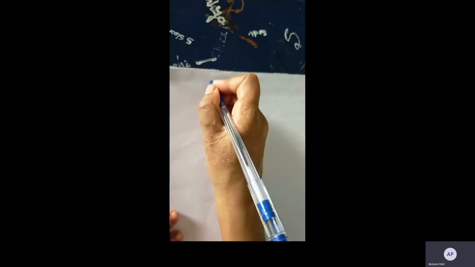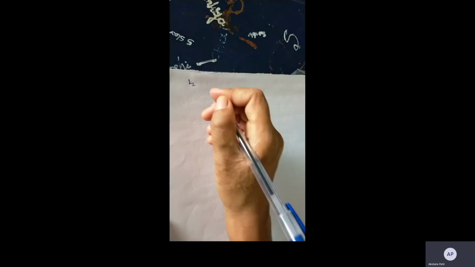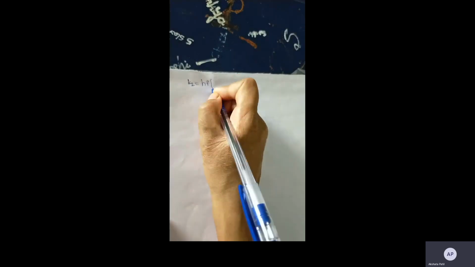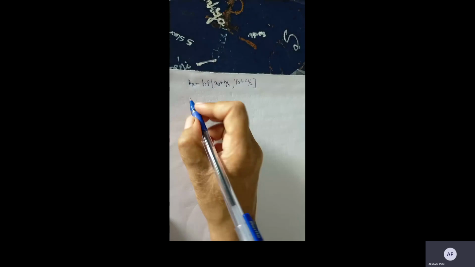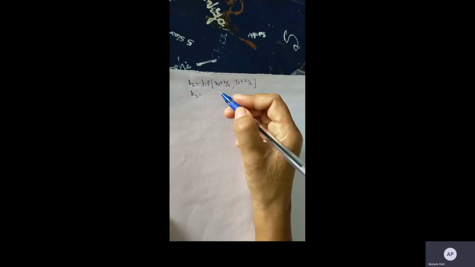Now calculate k2. The k2 formula is h into the function of x0 plus h by 2 comma y0 plus k1 by 2. Substitute the h value, x0 value, y0 value and k1 value.